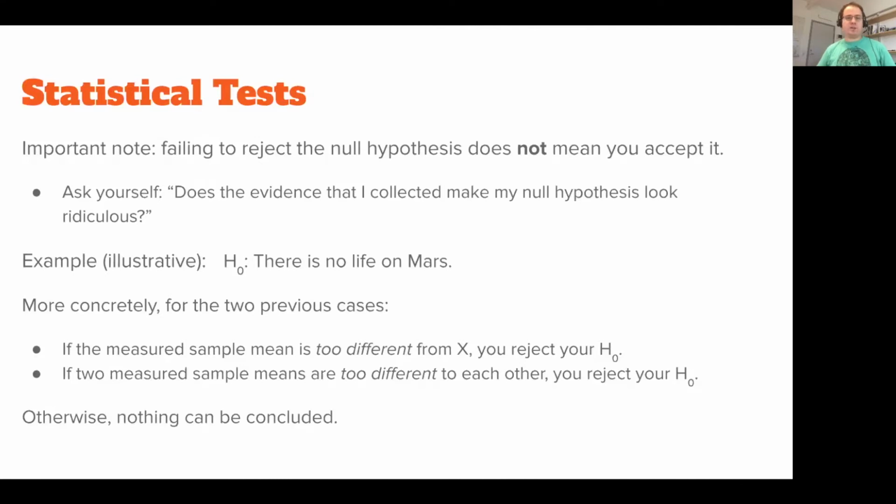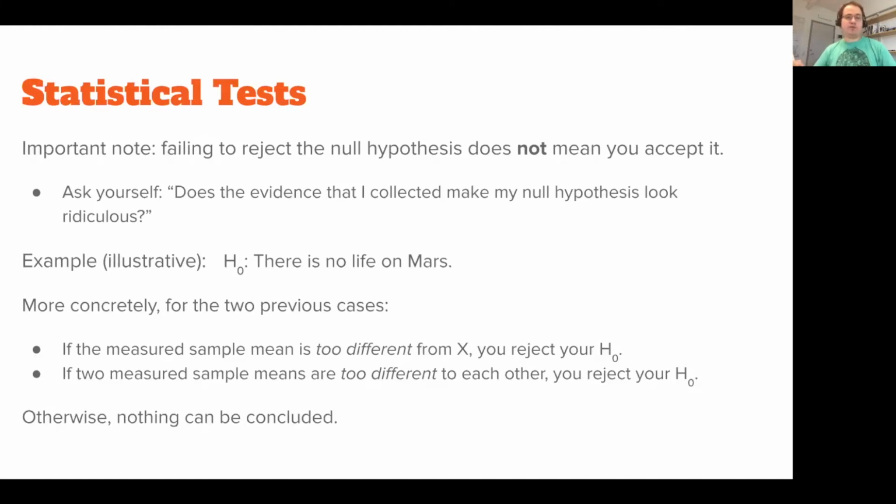So what are the possible outcomes of an experiment like this? Well, one possible outcome is that we reject our null hypothesis. So we destroy it, so to speak, right? We show that it's not true, which means that there is life on Mars.